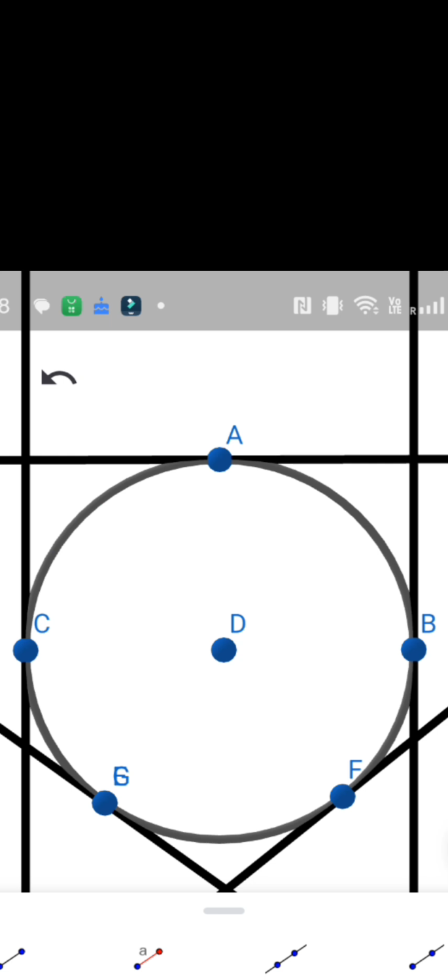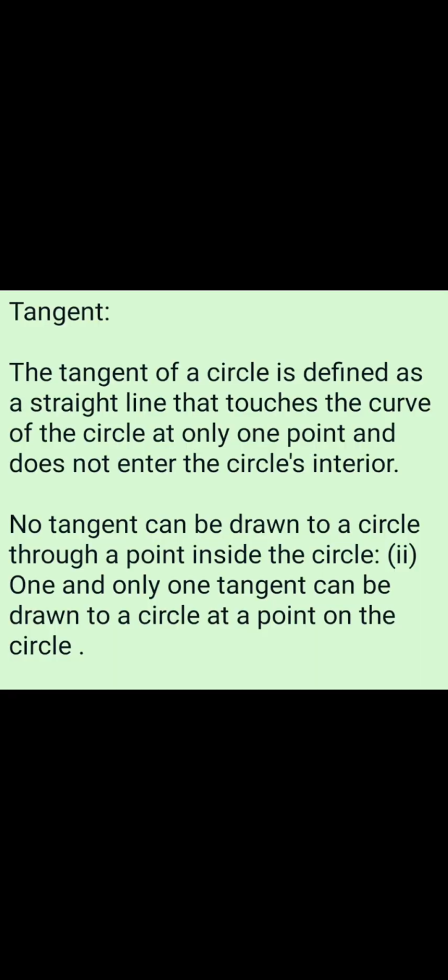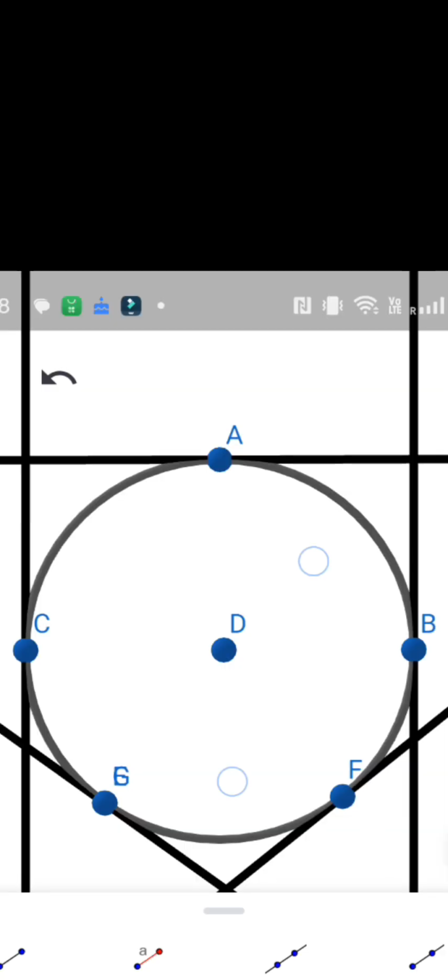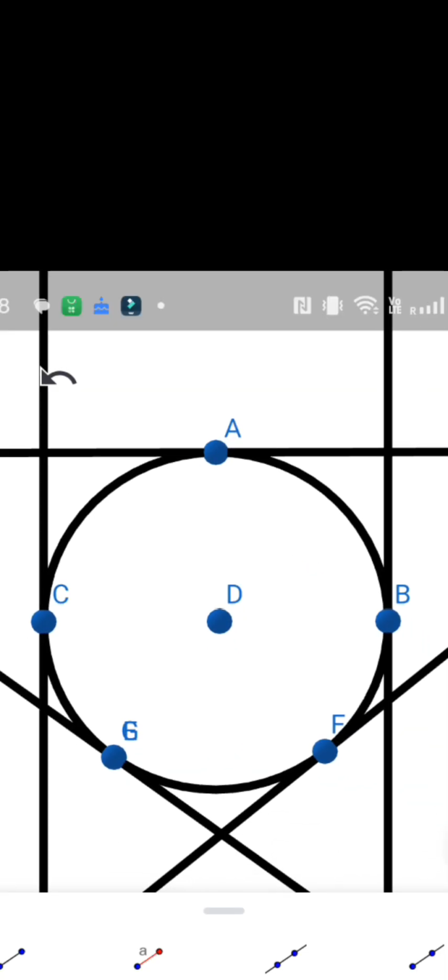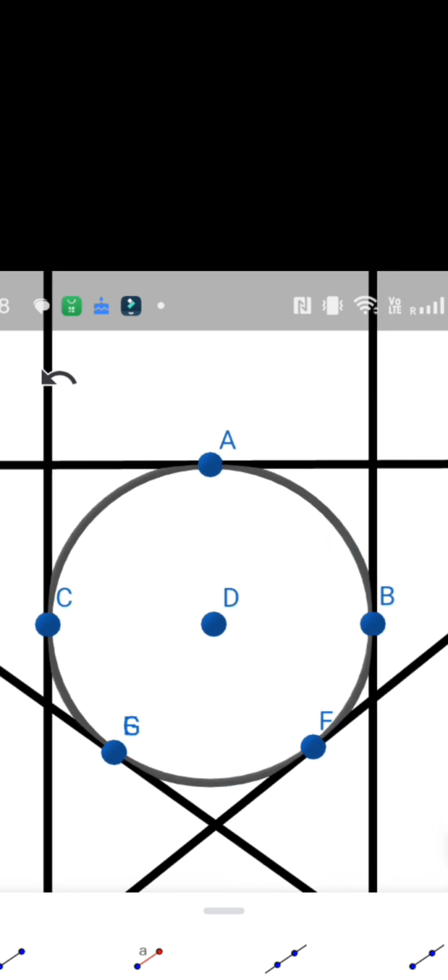So tangent specifically touches the circle only at a single point. As we can see, from one point on the circumference, only one tangent can be drawn, and none of the tangents is intersecting our circle. It touches the circle only at one point, and that point also is only at the circumference of the circle. Like here at A, C, B, G and F, these are various tangents of the circle.